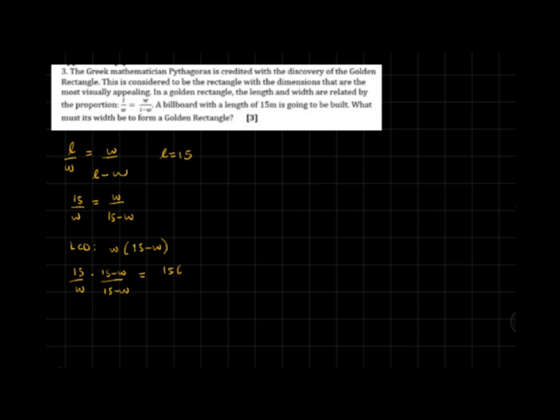So you have 15 times 15 minus W over W times 15 minus W, and we can expand this out: 15 times 15, which is 225, minus 15W. For the fraction on the right, W divided by 15 minus W, I'm going to multiply this by W, so we get W squared over W times 15 minus W.